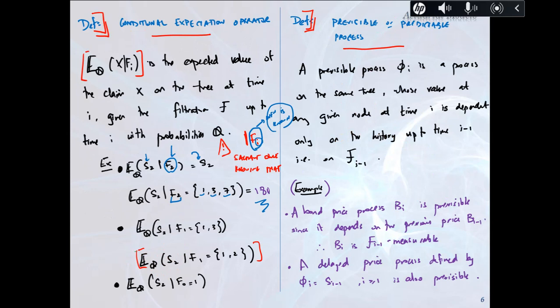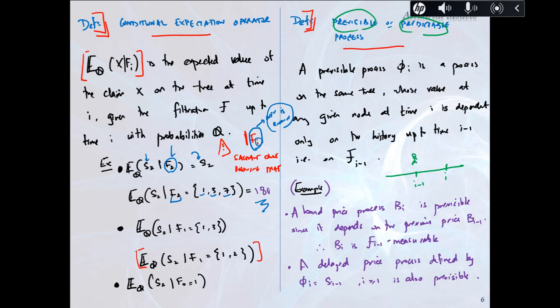Okay, so the previsible process is quite self-explanatory. A predictable process is a process which may be determined in advance. So here it is I minus 1, and I'm here.